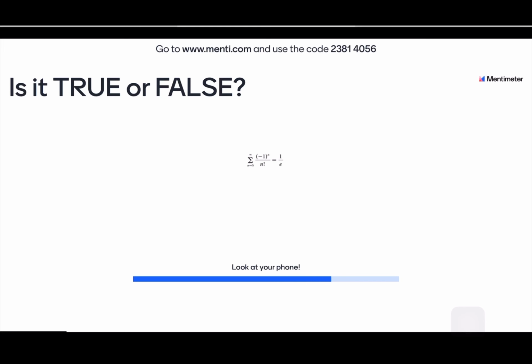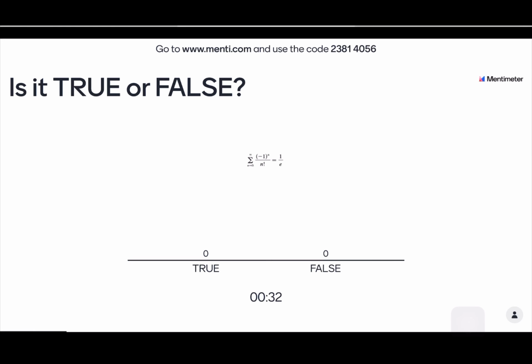The first one, I think you need to look on your phone more clearly, it's too small here. True or false? Quick statement. I think it's too fast, maybe 50 seconds or 1 minute. But I hope you can get the idea of the sum, the series.